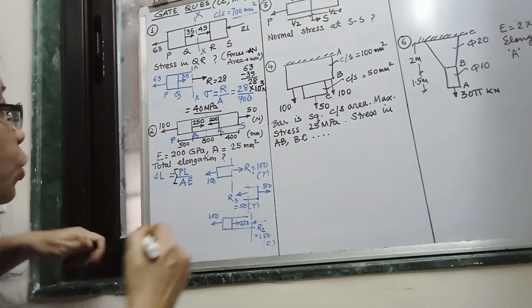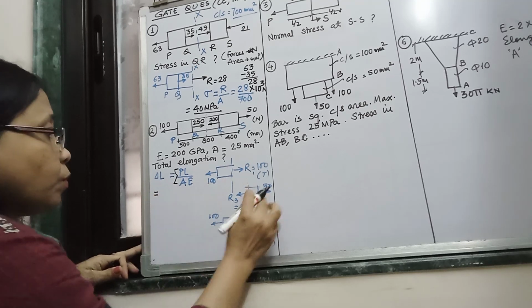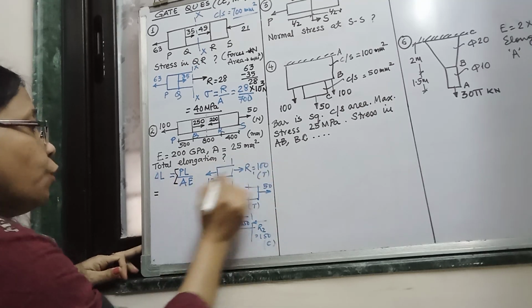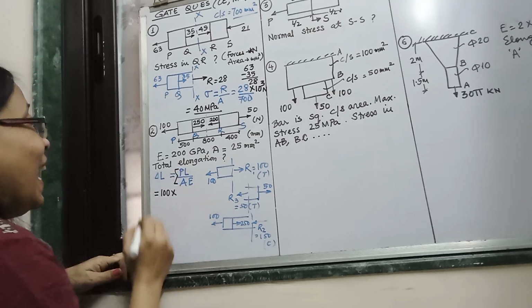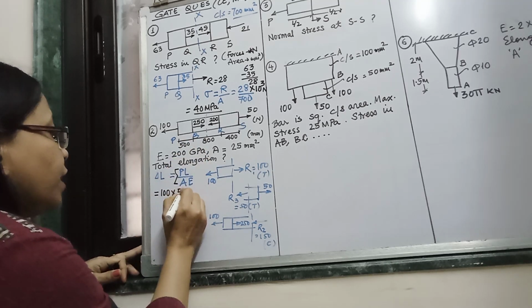What will be the total elongation? What is P? In the first part it is 100. What is L? The length is 500.